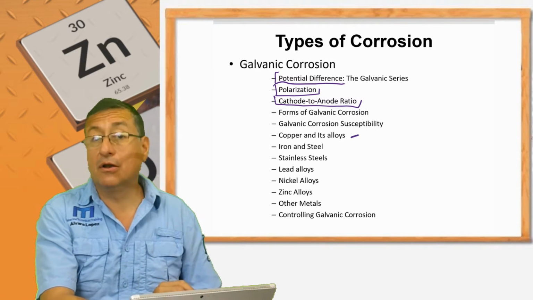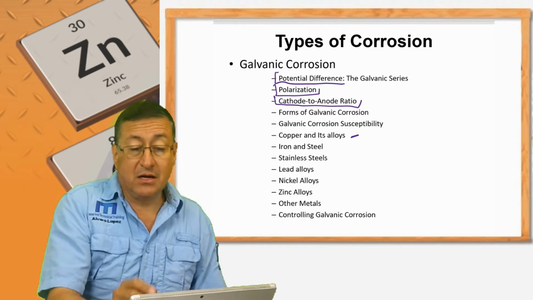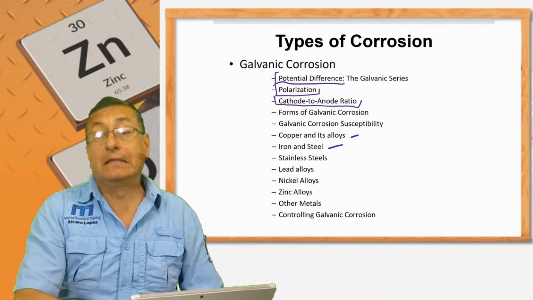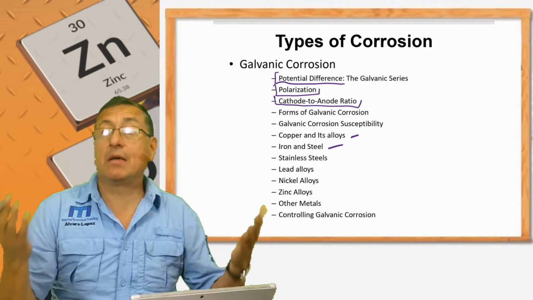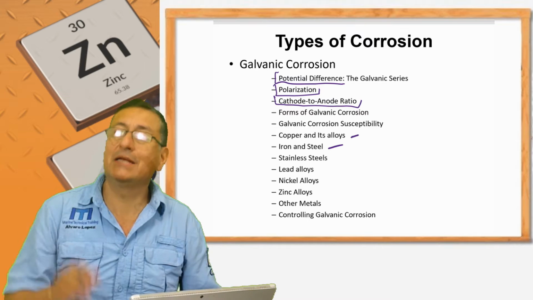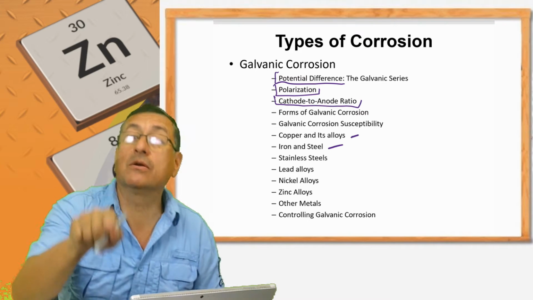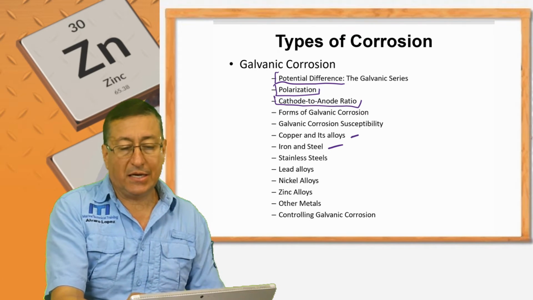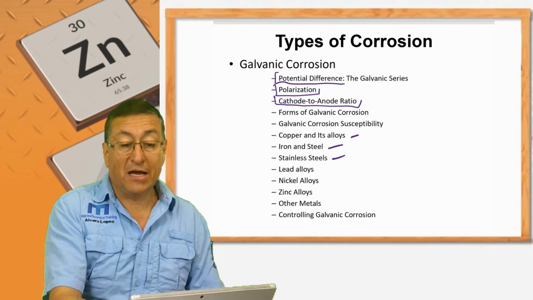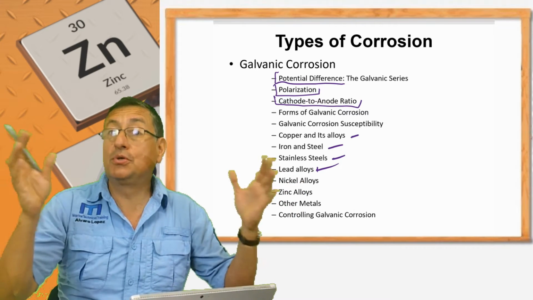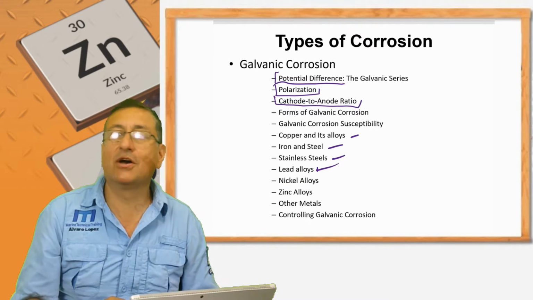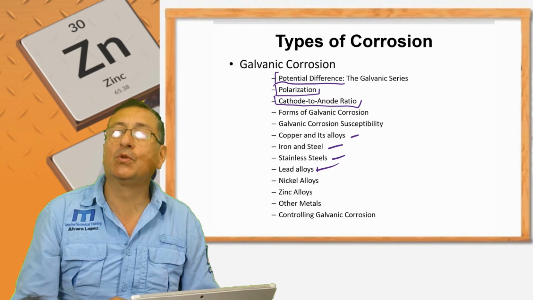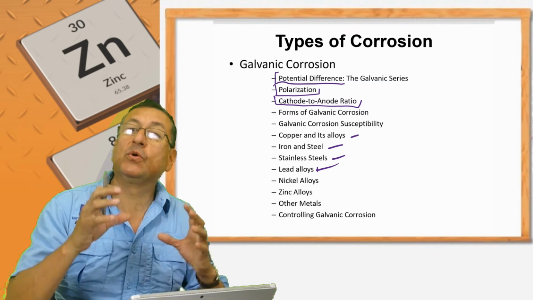If you use copper alloys, what type of copper alloys? If you use iron and steel, what type of iron, what type of steel? Is it stainless steel? Is it the appropriate stainless steel? Is it marine grade stainless steel? Lead is good for storage, but it's not good to combine.